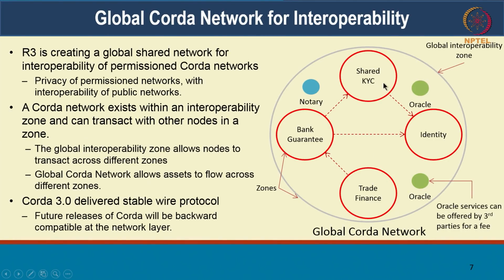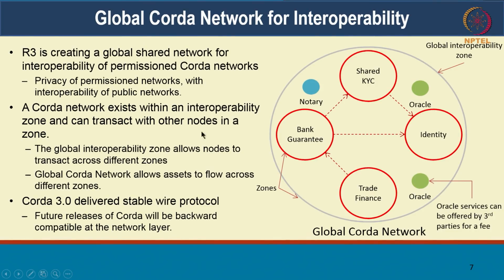These could be overlapping networks, so there could be common entities in this network. It's entirely possible. But R3 really envisions all of these independent blockchain networks to actually be interacting with one another. They might be leveraging the same oracles for trusted information. They could be using the same notaries, for instance. There could be overlap in some of these functions.